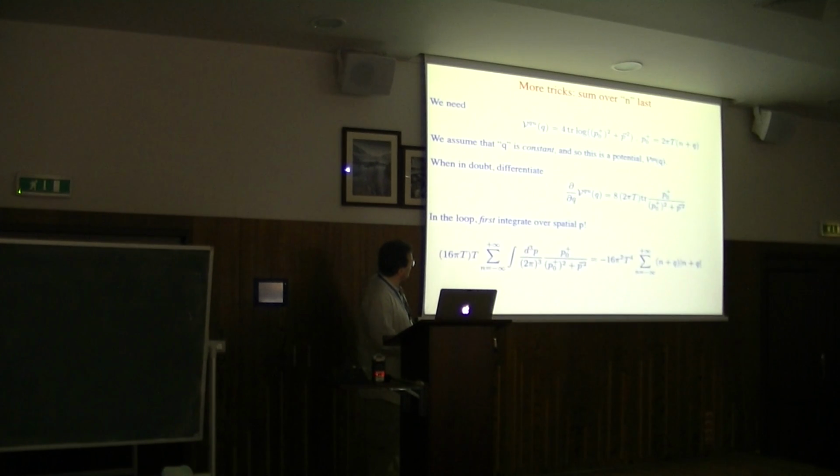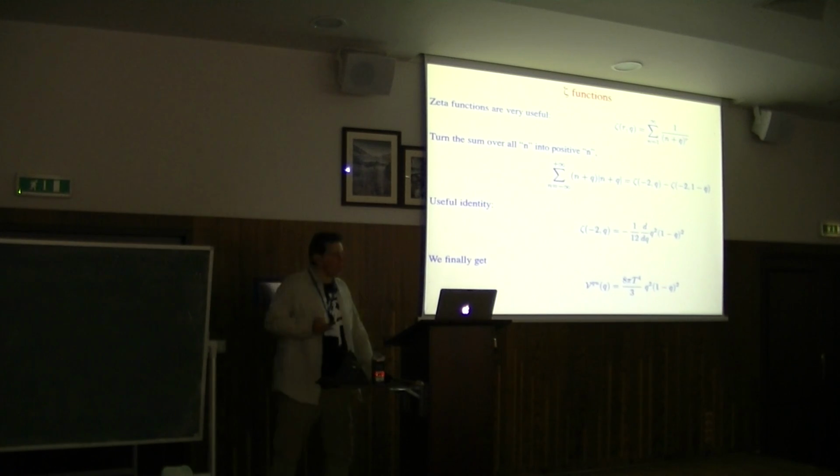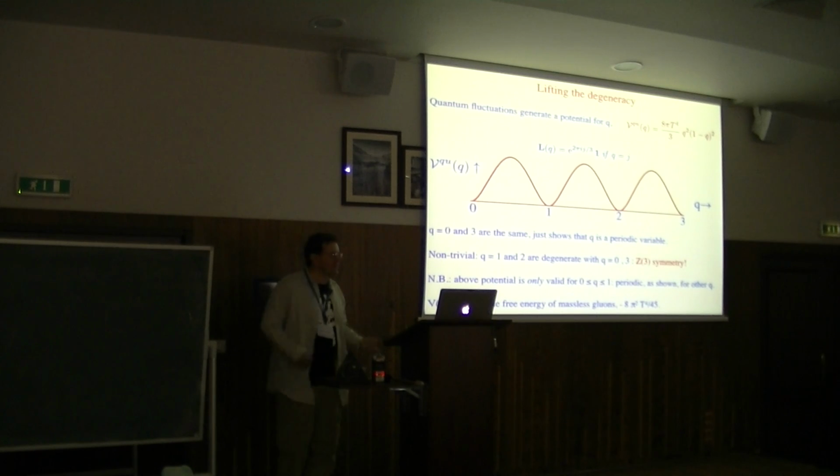And remember, I took a derivative here in order to get this sum, so I can integrate that, and what I find is I get a potential that's just a number times T to the 4th times q squared times 1 minus q squared. And this is very nice because it then shows, remember I argued that classically everything was degenerate, and I've lifted that degeneracy.